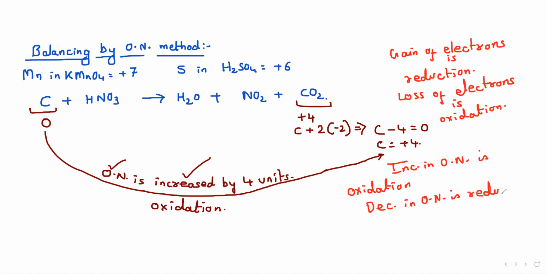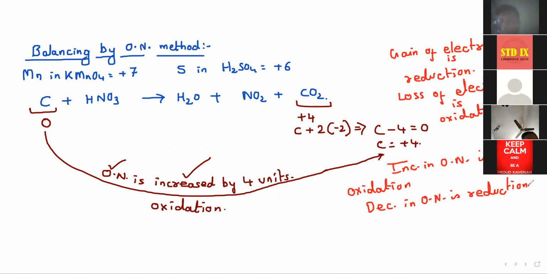So children, please do not fumble while you are doing the sums by saying, sir, see, this is oxidation, so this is increasing here. I have never mentioned any electron on the right hand side or left hand side. You can see that very clearly. Here I am only dealing with oxidation number.